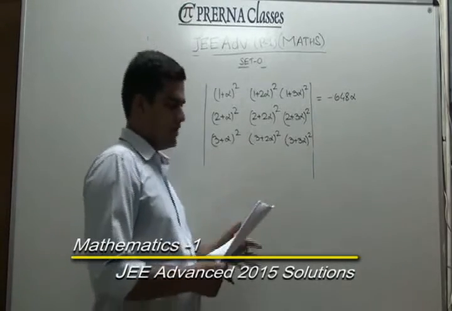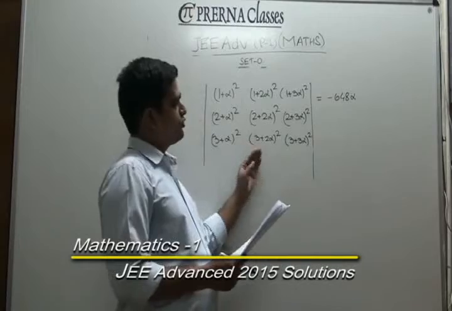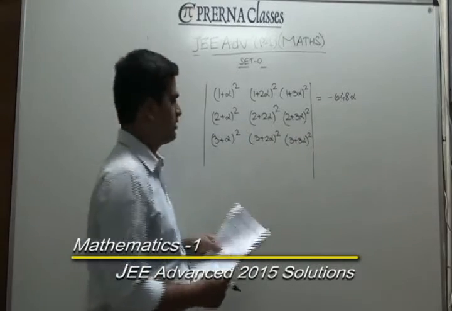And next problem is related to determinant. There you have a 3 by 3 determinant given, and you are looking at those values of alpha which satisfy this equation.